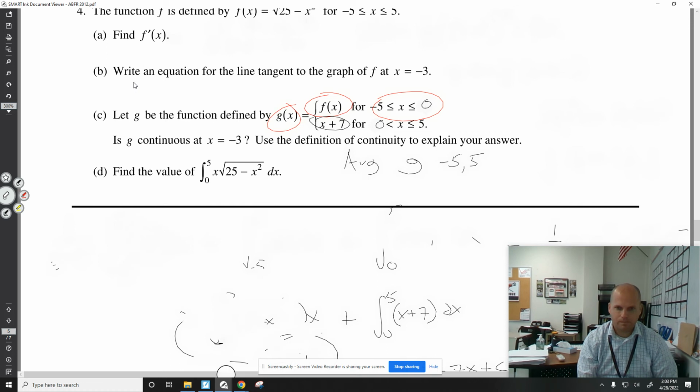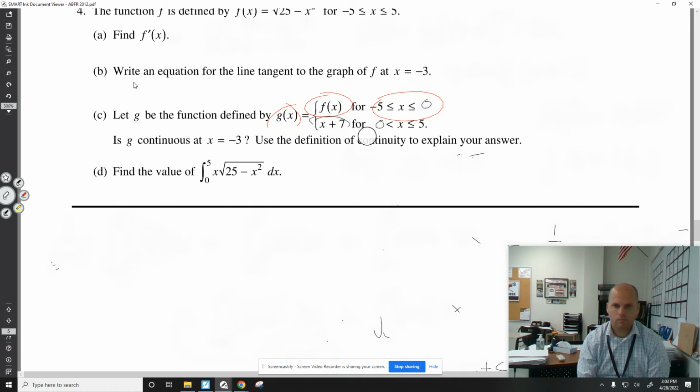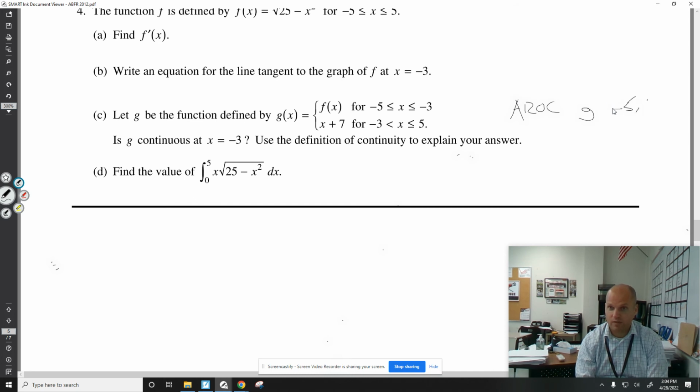Keep talking about G. So we talked about continuity of G. We talked about areas under G. We talked about the average of G. What if I asked you about the average rate of change of G from -5 to 5? That's another question.